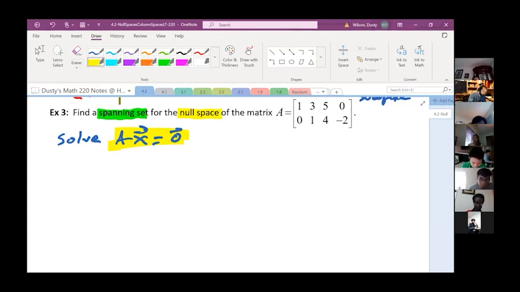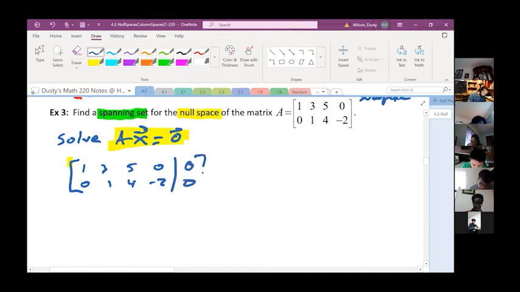This means we're going to end up having this matrix. We can dump this into our Texan friend, row reduce, and you might see right here that it's already in echelon form.